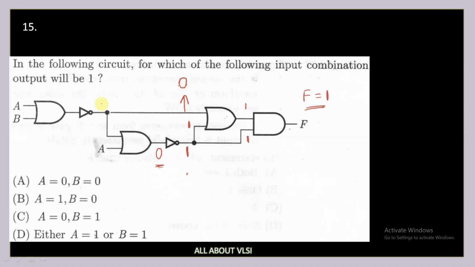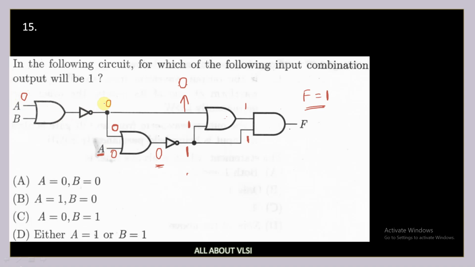Now that means here we are getting 0, at this particular point it is 0. Then definitely this A should be equal to 0, so that the output of the OR gate will be equal to 0. So A is equal to 0 is fixed.